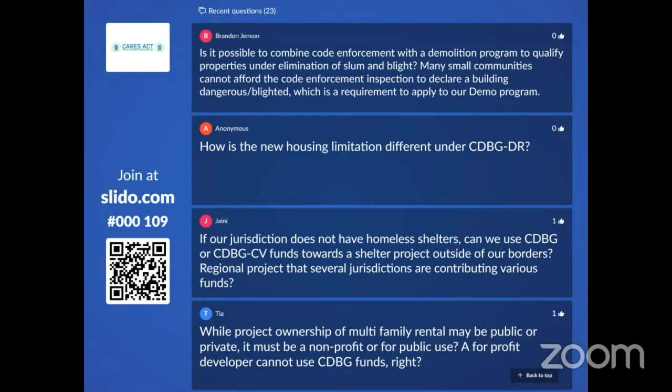The demolition is a separate activity under 570.201(d). Grantees can use CDBG to demo property and meet the slum blight area or spot national objective. Not because it's been cited for code enforcement, but because they've examined it and found it to be so.